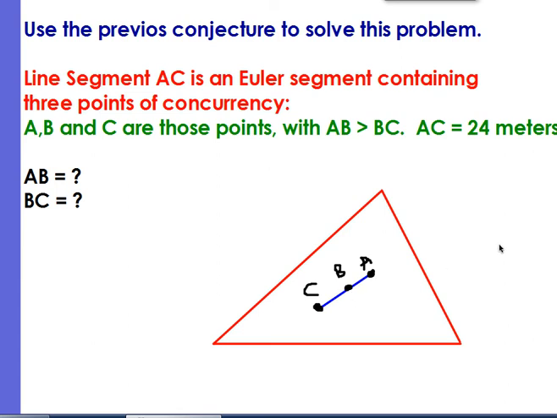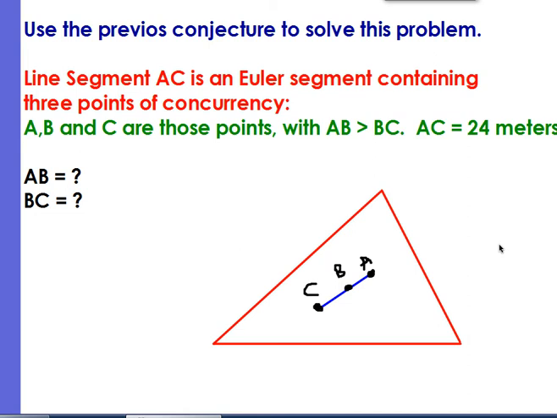I drew it like this specifically so you stop relying on pictures to tell you what's true or not. It looks like AB is smaller than BC. If you measured it, AB would be smaller than BC. But the problem tells you AB is greater than BC, which means you have to assume that. It doesn't matter what the picture looks like.